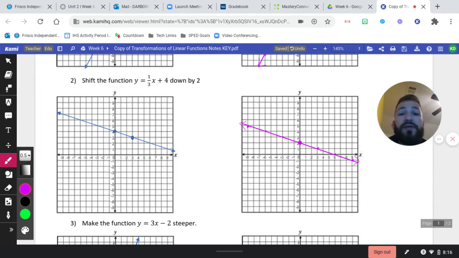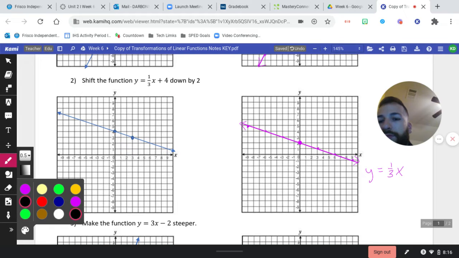Our slope has not changed. Our slope has stayed the same. Only our y-intercept has changed. So our new equation should still be y equals 1/3 x, but shifted down by 2, so now plus 2.